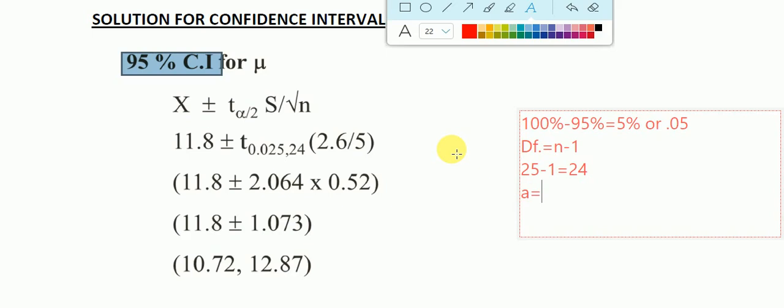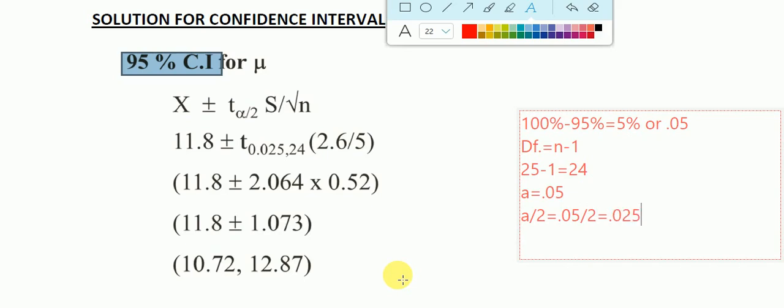Alpha is equal to 0.05, but we have to calculate t alpha by 2, so alpha by 2 is equal to 0.05 divided by 2, which is equal to 0.025.